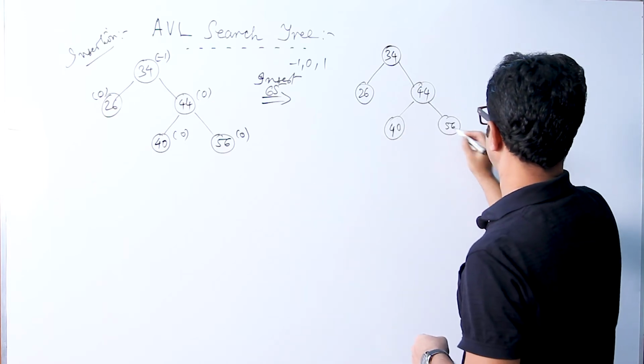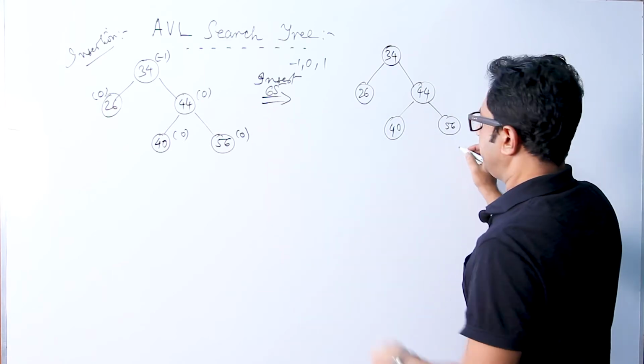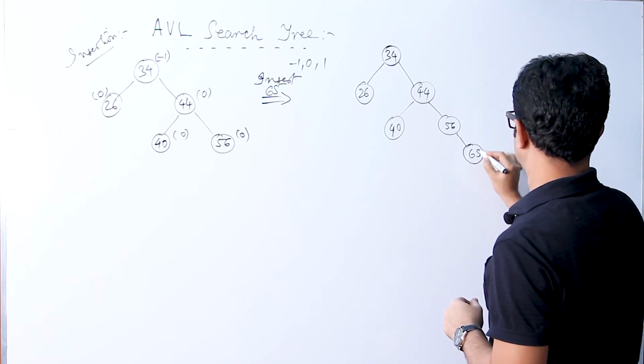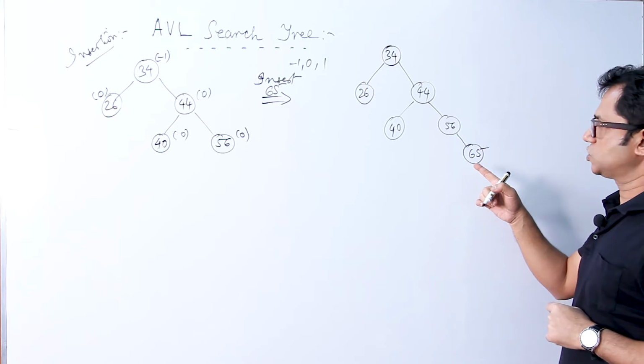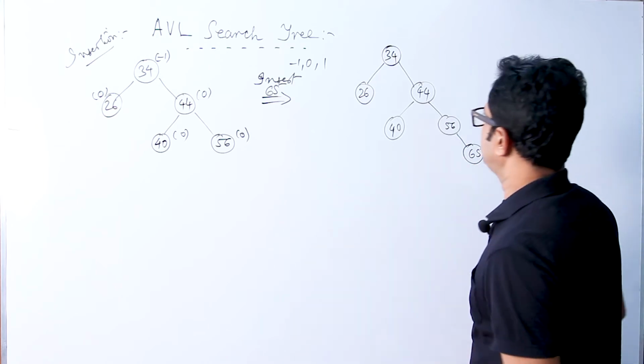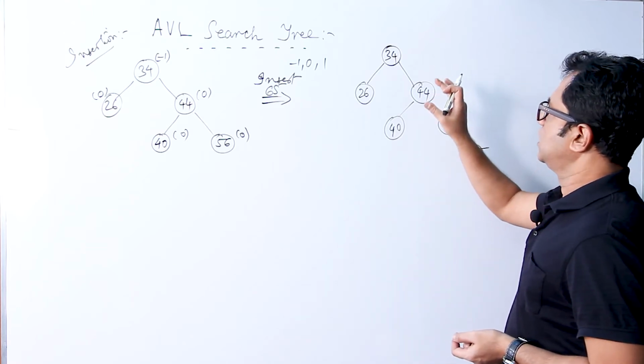Those were originally existent in the example, and after the insertion of 65, the AVL tree looks like this. 65 will be inserted in this position. Now our task is to calculate the balance factors of all the nodes yet again after the insertion process has been done.